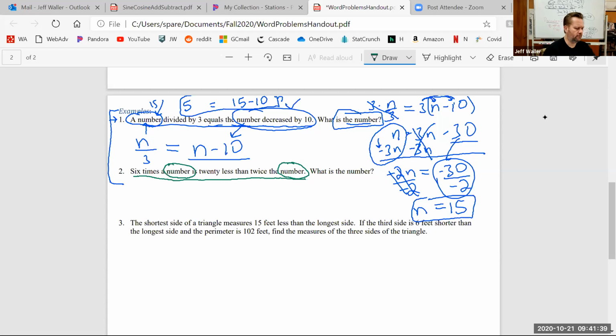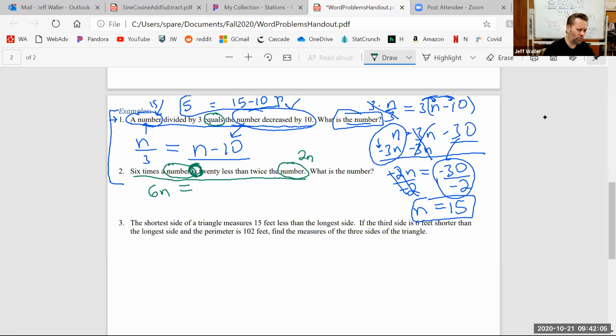How do I write that? 6N. That's a key word, right? Equals. Yeah, good. So equals 20 less than twice the number. What is twice the number that we picked? 2N. Yeah, twice the number is 2N.